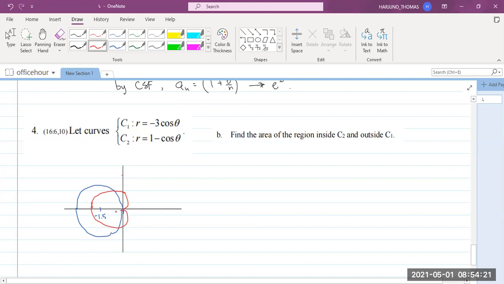So we want the one inside the heart but outside the circle. That's this one, inside the heart, outside the circle.